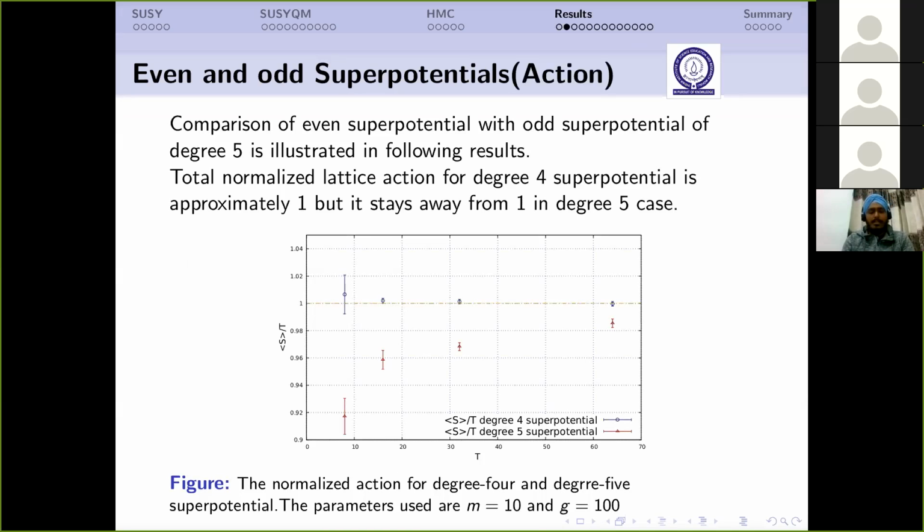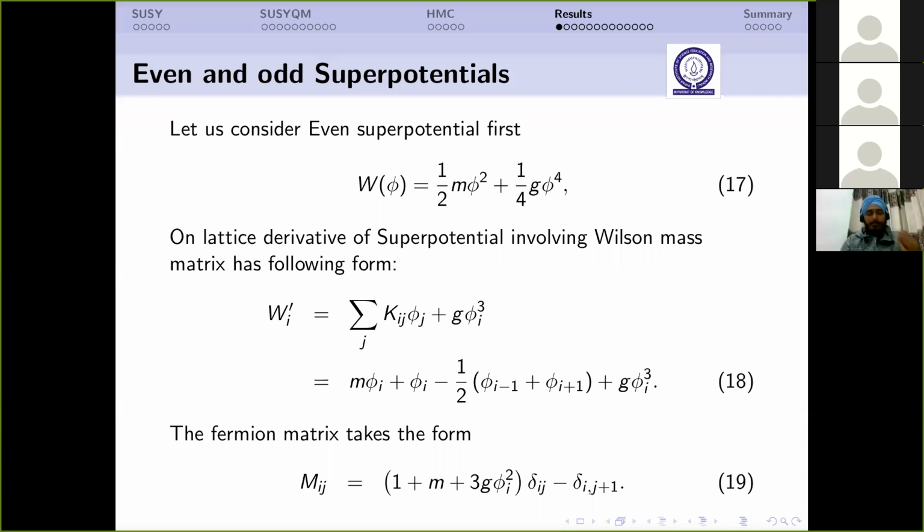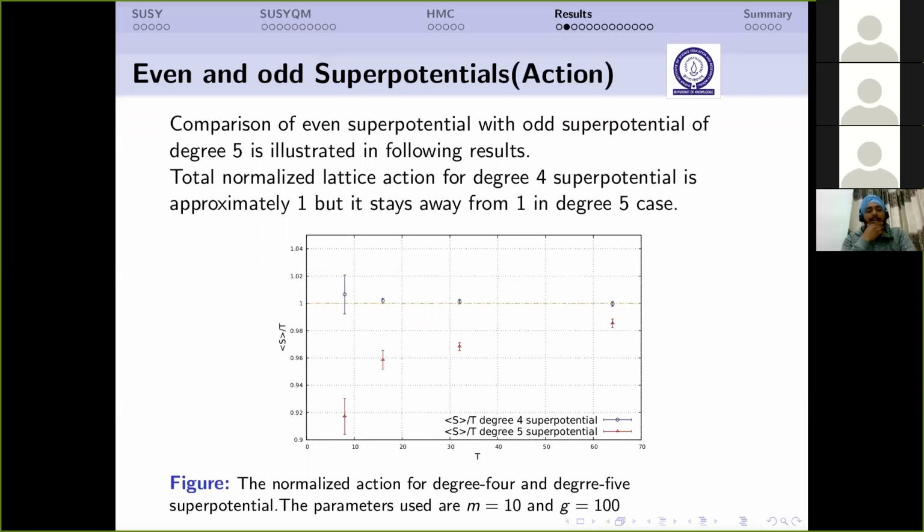I'm not going to talk about the odd superpotential in detail. It will just have degree 5 instead of degree 4 as the highest power. So I'm going to start with the comparison of the even and the odd superpotential. In the figure you are looking at, we have shown two actions, normalized to the lattice sites.